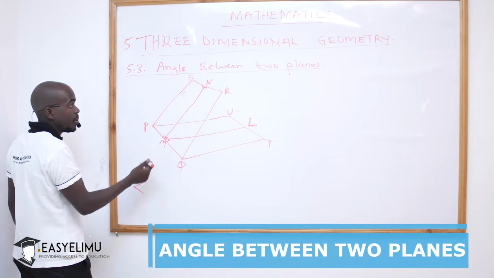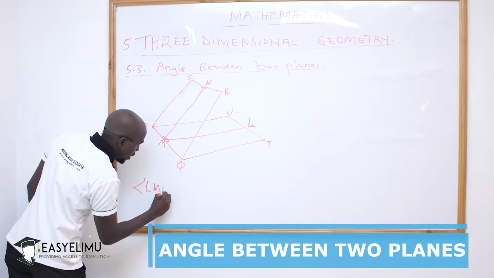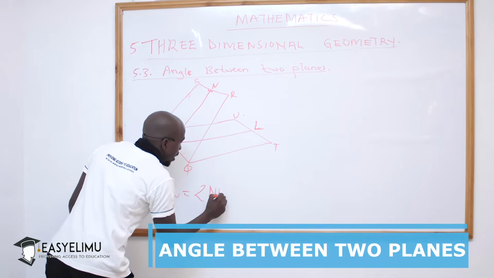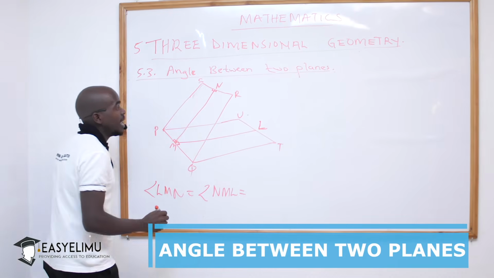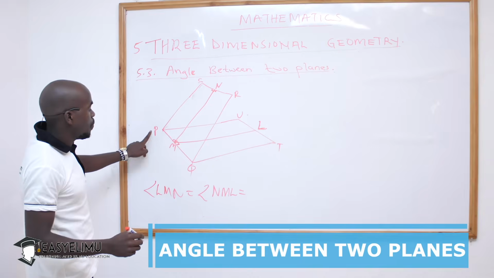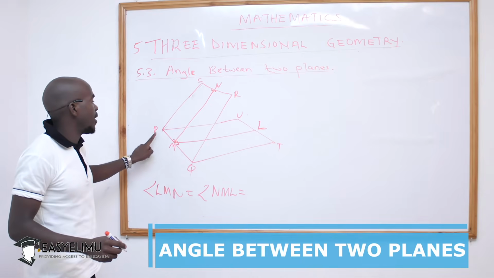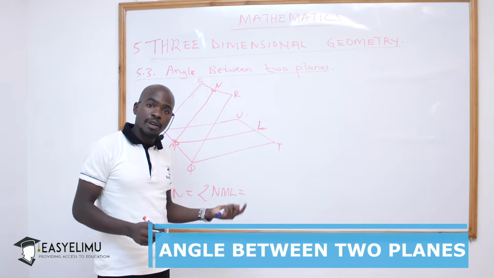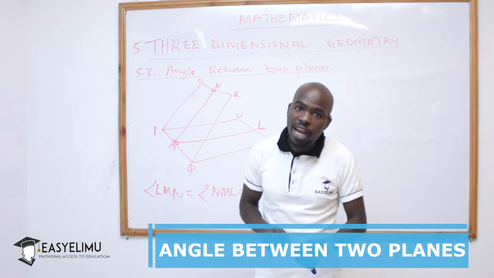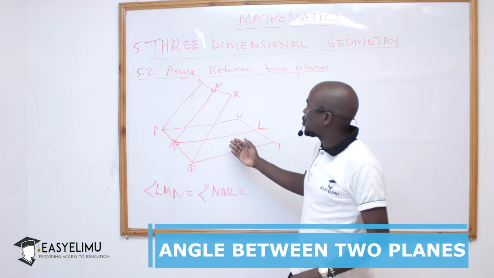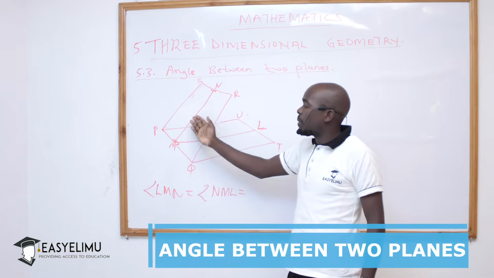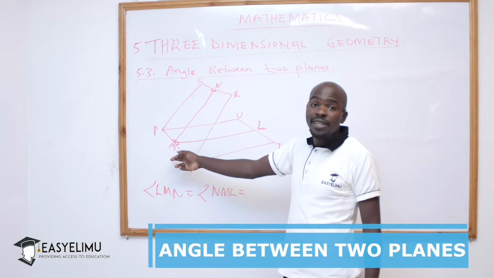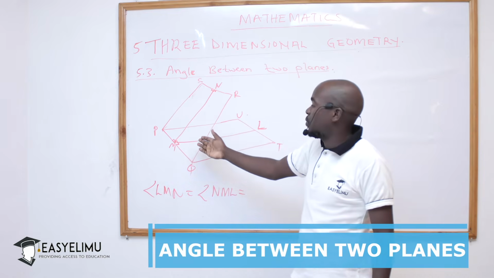The angle LMN, which is equivalent to angle NML, is the angle between plane PQRS and plane PUTQ. Thus, if you are asked to find the angle between two planes, you are asked to find the angle between lines which are perpendicular to the intersecting line of the two planes, and which intersect at a point on that line, as we have seen here.